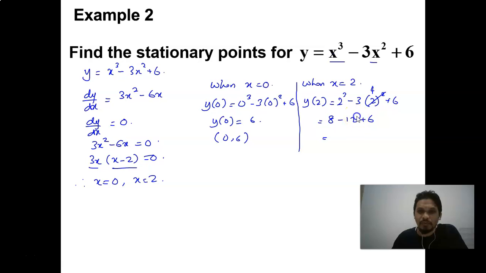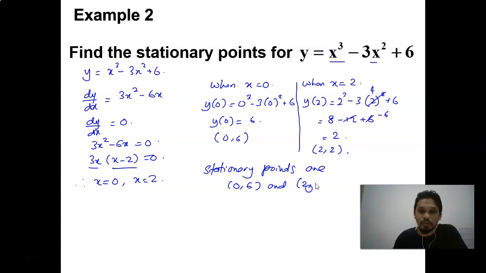Negative 12 plus 6 equal to negative 6. Negative 6 plus 8 equal to 2. Then the coordinate is 2 and 2. So now the final answer, the stationary points are 0, 6 and 2, 2.